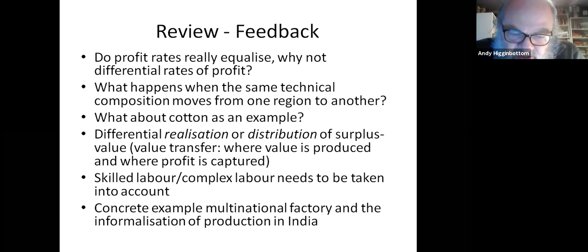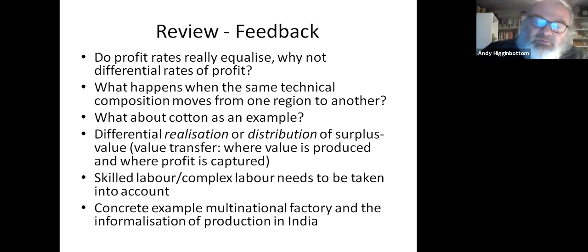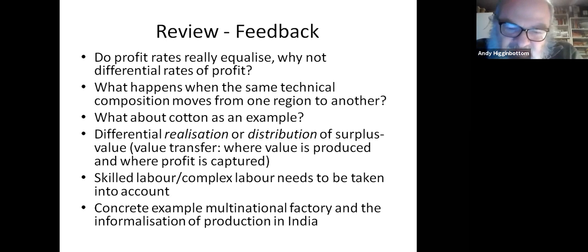Another very good point which was raised is that skilled labor, or what Marx also called complex labor, needs to be taken into account. Indeed, it does. Marx puts it to one side very early on in volume 1 and never really comes back to it. There are so many points one could make about this. Increasing organic composition of capital does not, by definition, either increase or decrease the skill of labor.